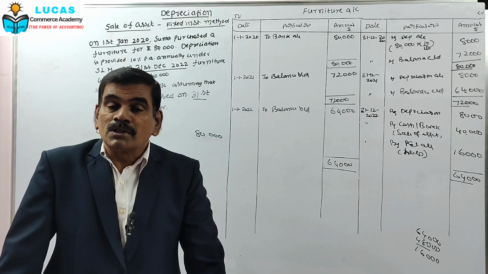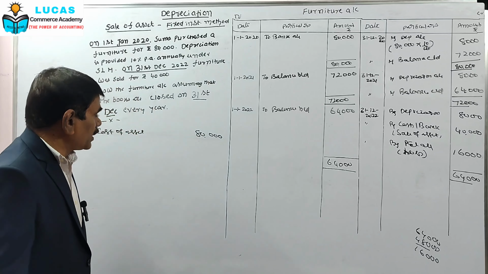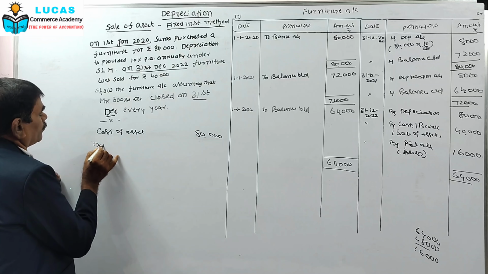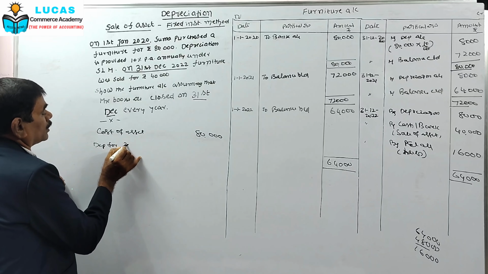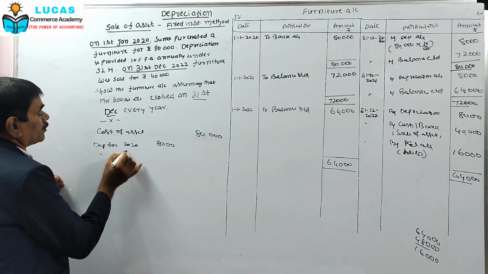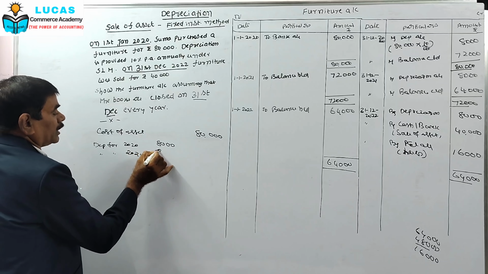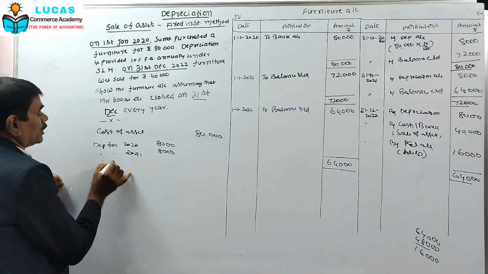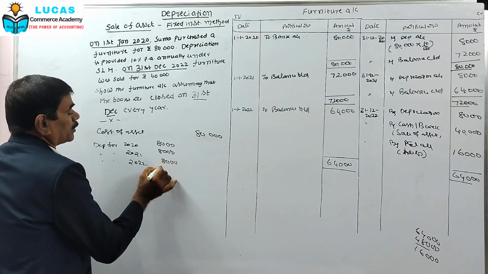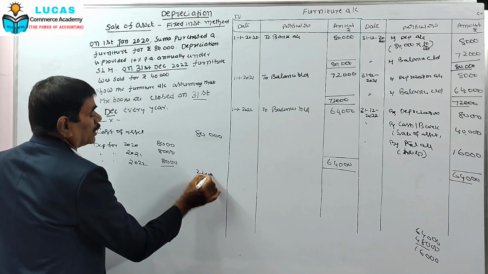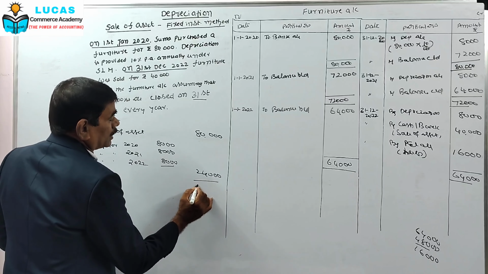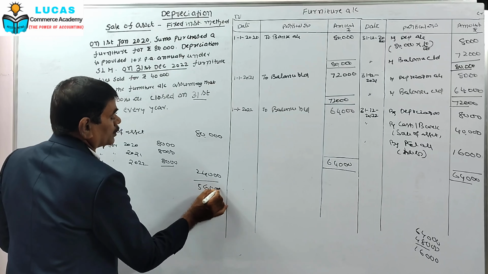That means depreciation for 2020 full year 8,000, depreciation for 2021 full year 8,000, depreciation for 2022 full year 8,000. So that means 24,000. This 24,000 should be deducted from the cost of asset. So the resulting figure is 56,000.